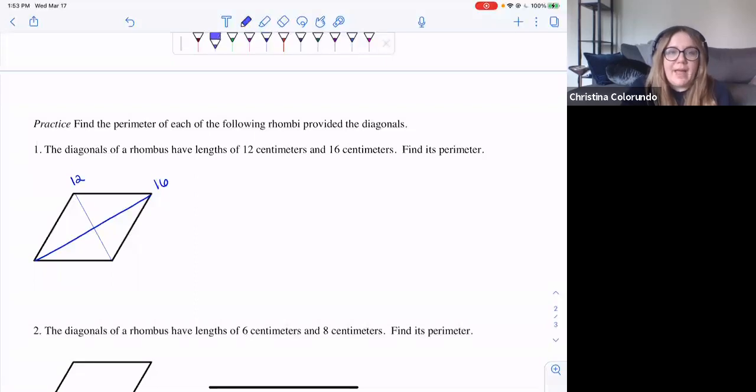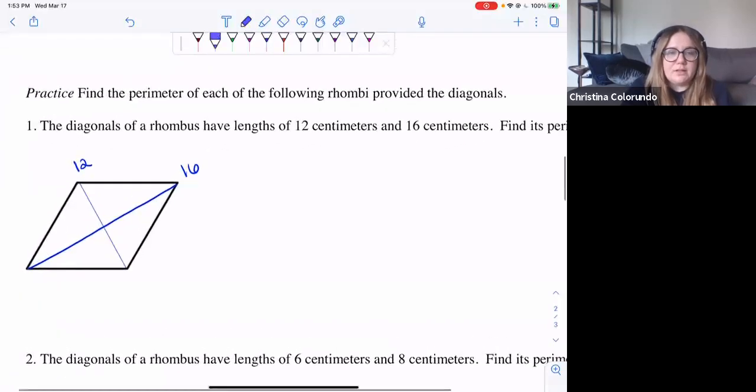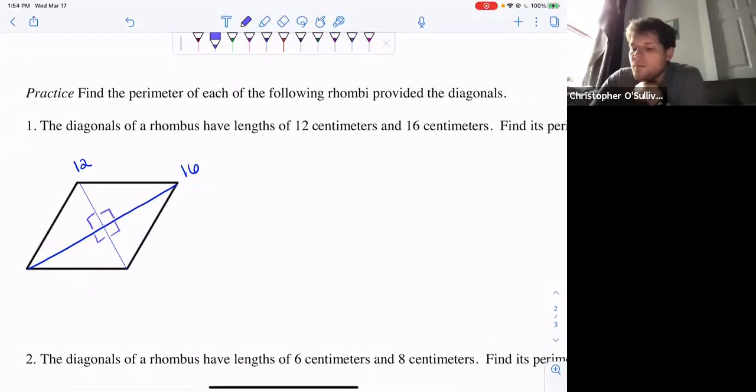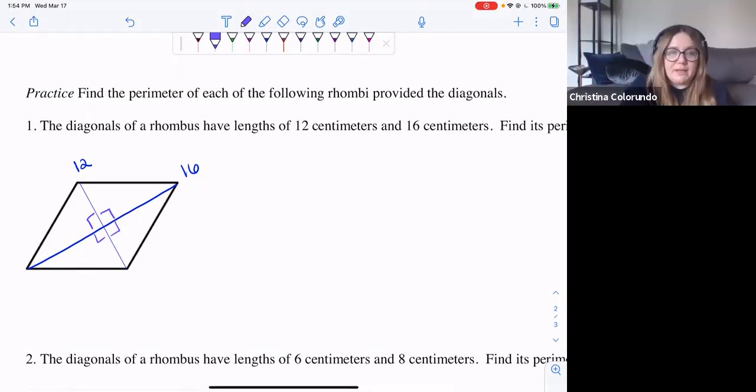From here, we have 4 right triangles in the center of our rhombus. And then, label the sides of our triangles A, B, and C. And we need to find the bisects of each of those diagonals.